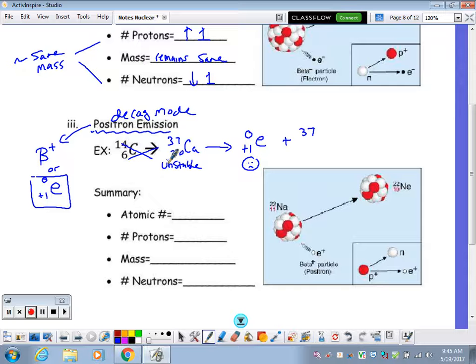So what number, plus 1, will add up to 20? If we do the math carefully, it would be 19 protons. So 19 protons plus the +1 from the positron gives us 20. If you go to your periodic table, you will see that calcium does not use an atomic number of 19. Instead, that is potassium. And potassium, in comparison to calcium, is more stable.